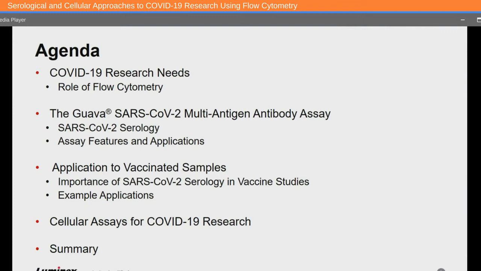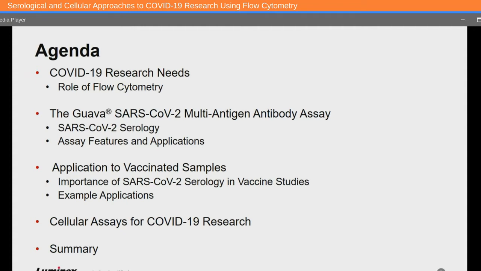We will be following the agenda shown on the slide here for this presentation. We'll start out with discussing COVID-19 research needs and the role of flow cytometry in such research. We will spend the bulk of the talk on the Guava SARS-CoV-2 multi-antigen antibody assay, describing assay features and its importance in context of SARS-CoV-2 serology.